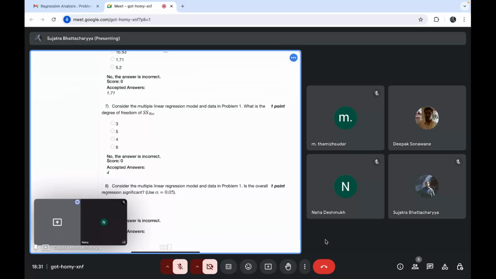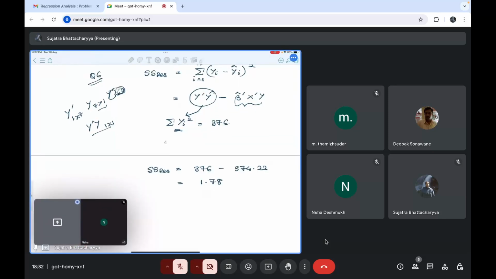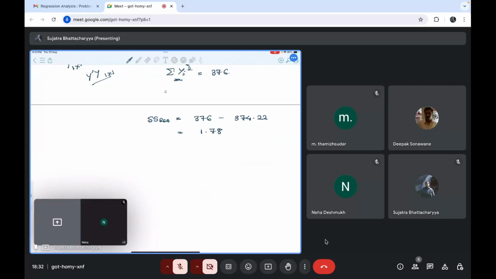Next is the second question, which asks: consider the multiple linear regression model and data in problem one. What is the degree of freedom of SS residual? This is a known thing, question 7, which asks for degrees of freedom of that SS residual.